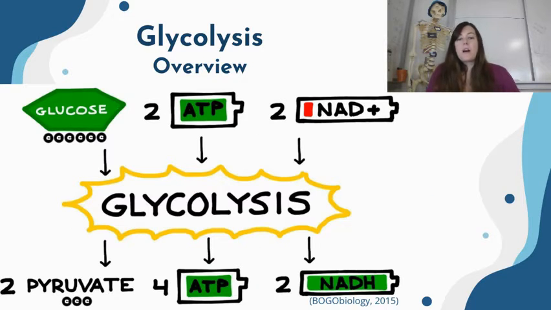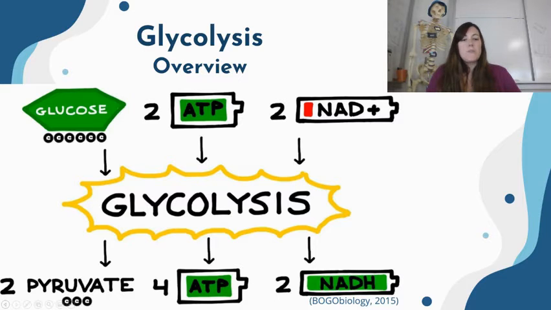The reactants of glycolysis are glucose, a 6-carbon carbohydrate, 2 ATP, which is used up in the preparatory phase, converting glucose to 2 molecules of G3P, and 2 NAD+. The final products are 2 pyruvate molecules, which are 3-carbon compounds, 4 ATP, yielding 2 ATP total, and 2 NADHs.